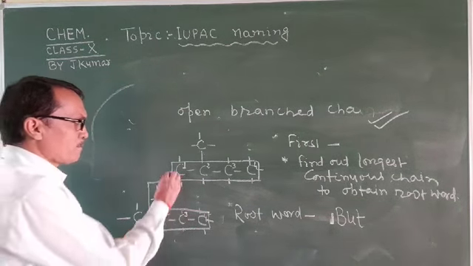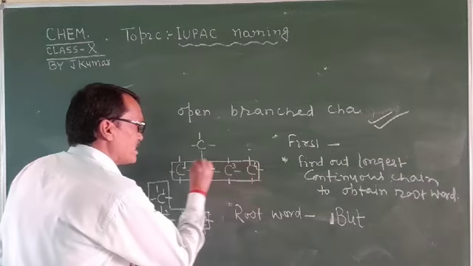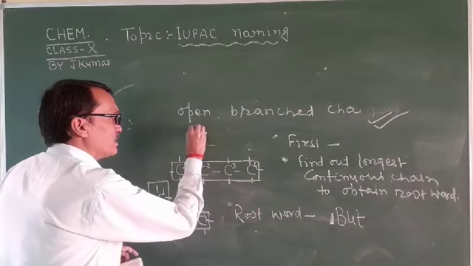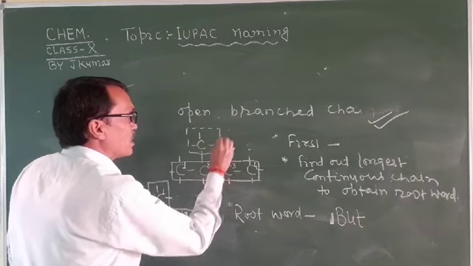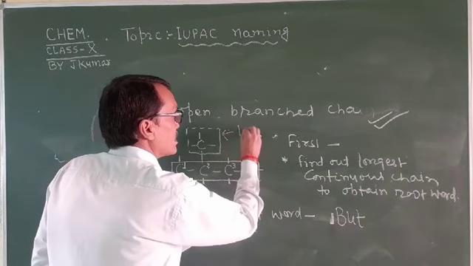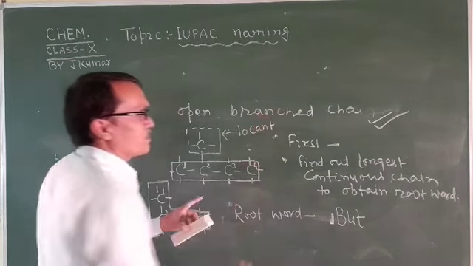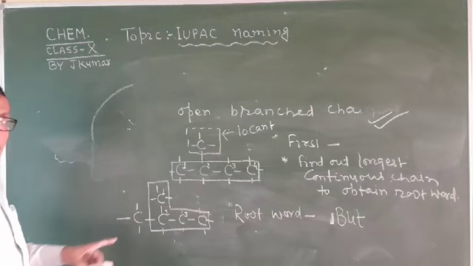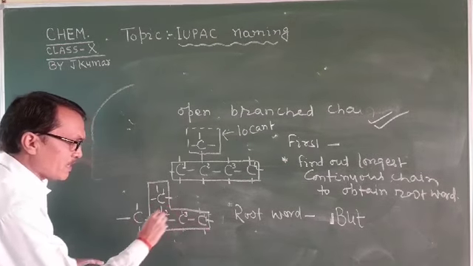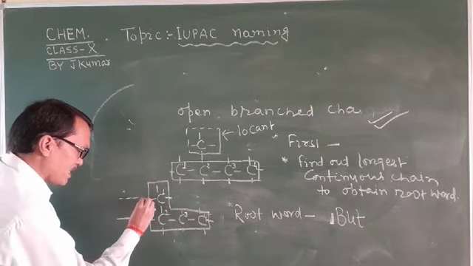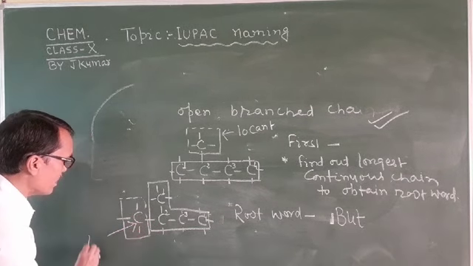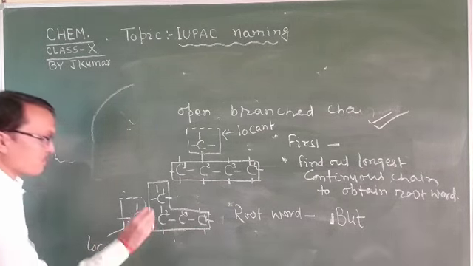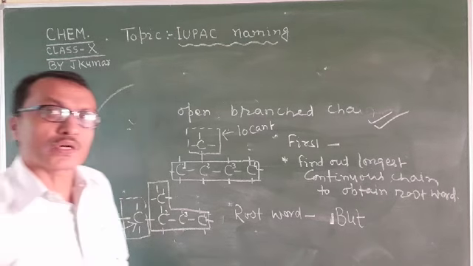Now students, this is the parent chain, this is the root chain, and now this is treated as a locant. If you take this longest continuous chain, then in this case this will be the locant.